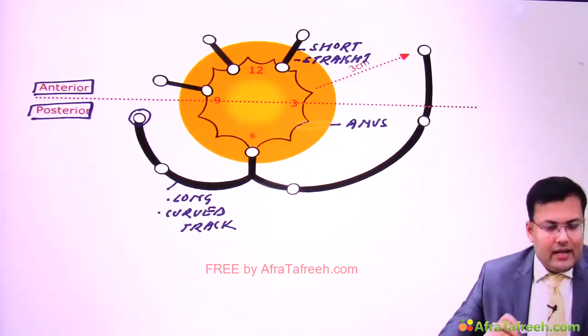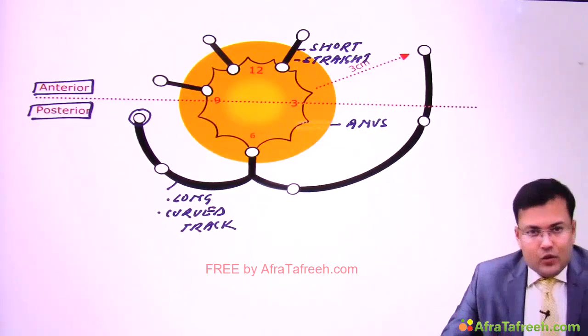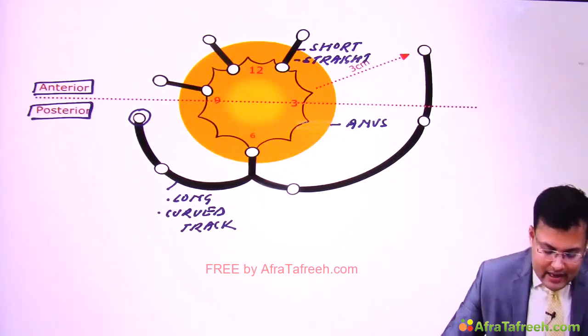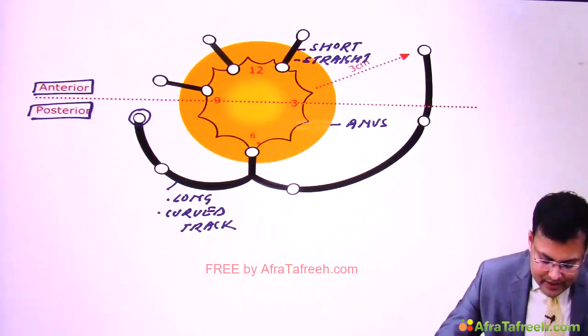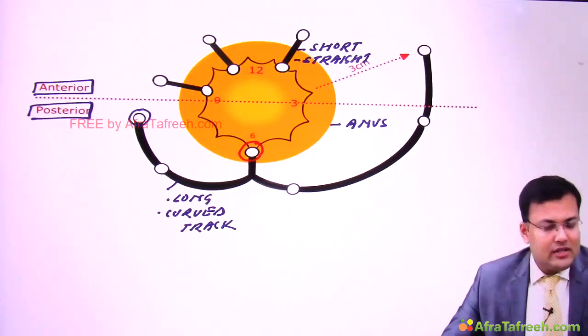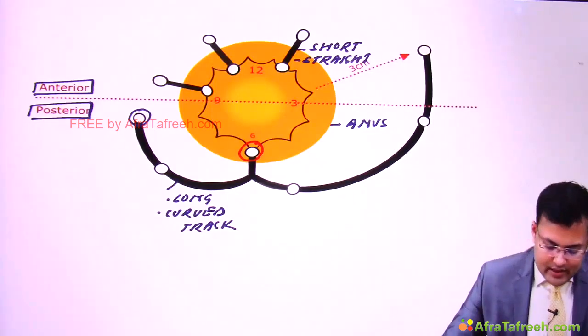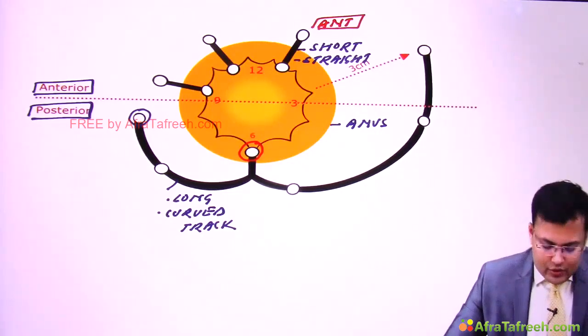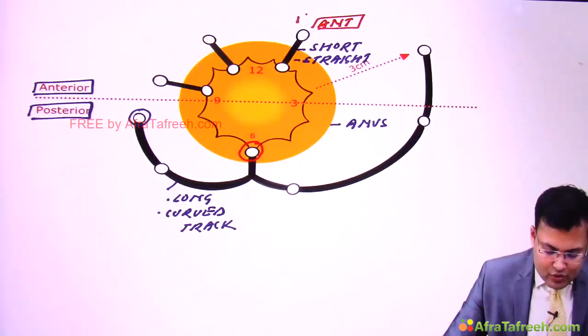Clear? And generally posteriorly located external openings are joined by long curved tract, and it's going to open where? In the posterior midline. So at which o'clock position? 6 o'clock position. Now see, here this is the anteriorly located external opening. What is the location? It is located at 1 o'clock position.